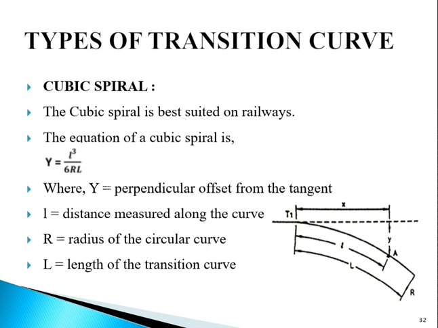The cubic spiral is best suited for railways. The equation of cubic spiral is y is equal to l cube by 6RL, where y is the perpendicular offset from the tangent, small l is the distance measured along the curve, R is the radius of circular curve, and capital L is the length of transition curve.